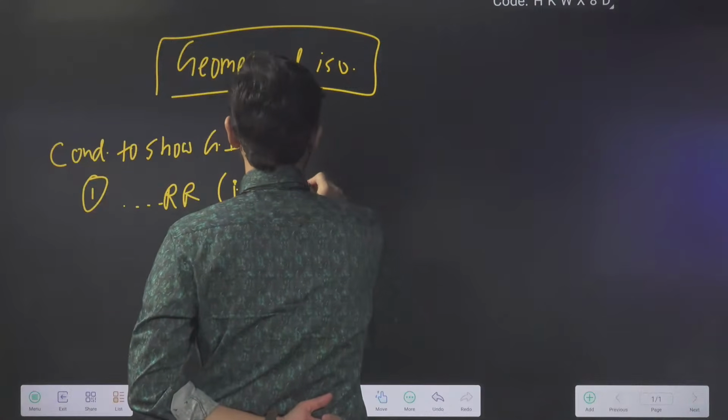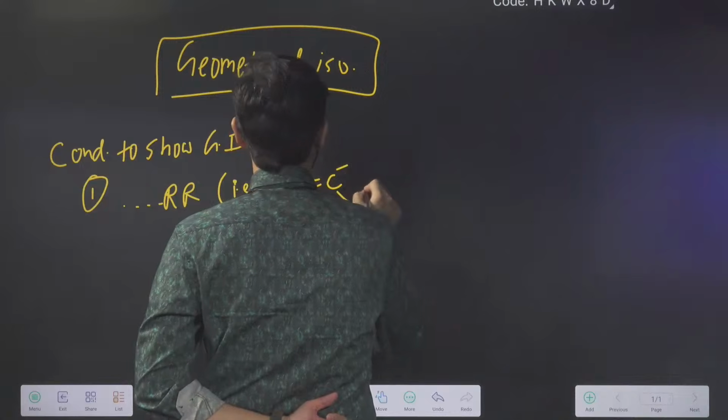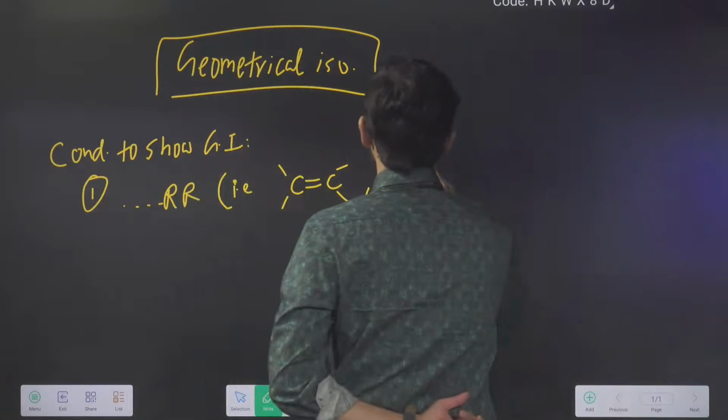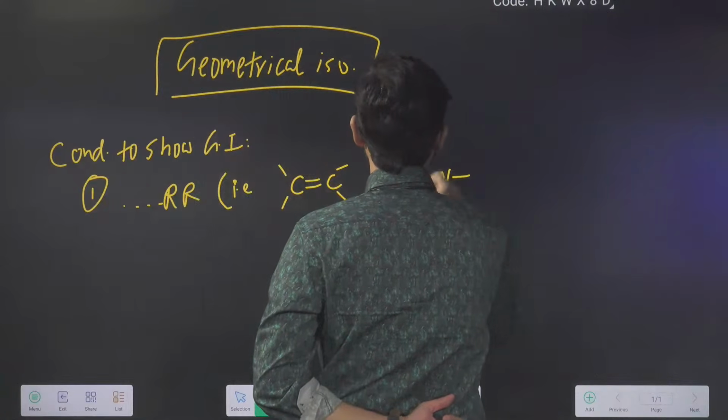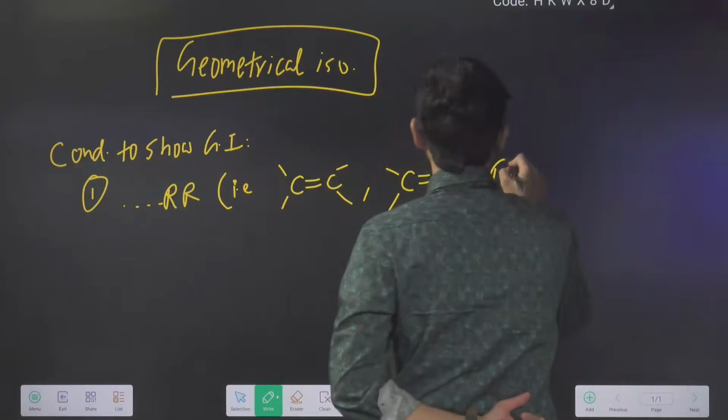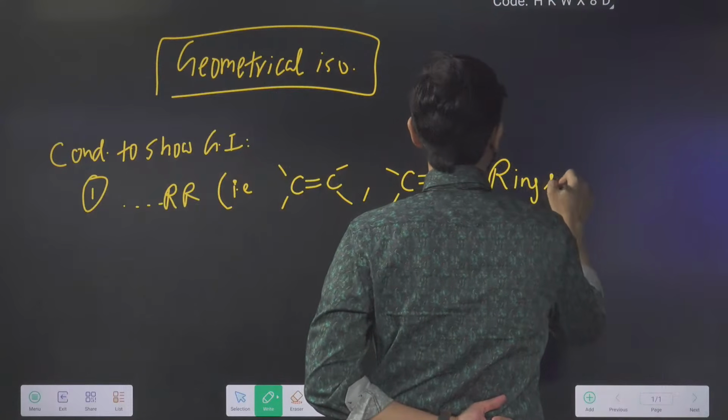That is which possibility? C double bond C or C double bond N.